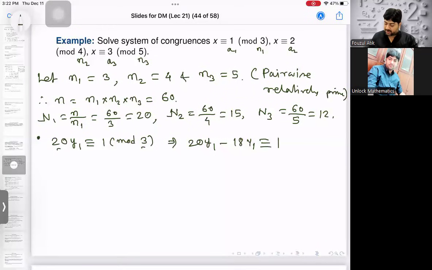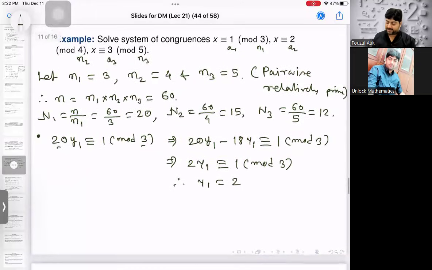So it is again congruent to 1 mod 3, and therefore I get 2 y1 is congruent to 1 mod 3. Easily we have done this. Can you tell me the y1 which satisfies this modular equation? By looking at it we can do it. y equal to 1 will not satisfy, but 2 does, since 2 into 2 is congruent to 1. So y1 is equal to 2. This is one solution I got.